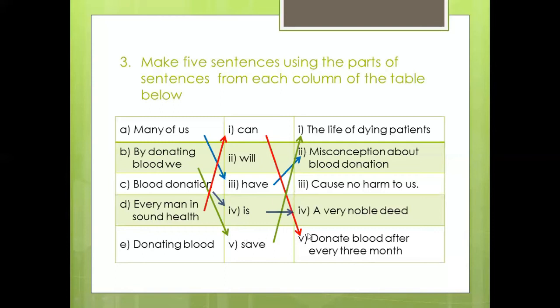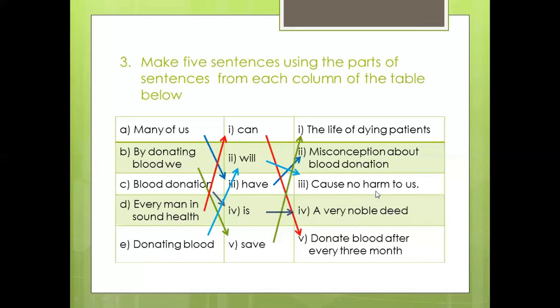So every man in sound health can donate blood after every 3 months. Then number 5, donating blood, we will cause no harm to us. We will, it is a simple future indefinite tense. So donating blood will cause no harm to us.